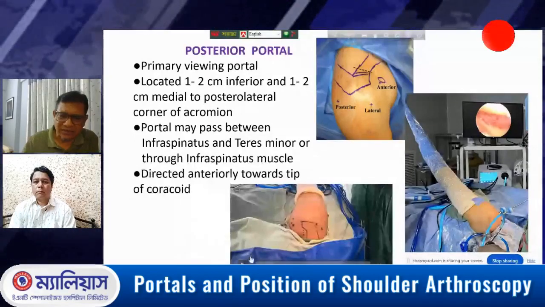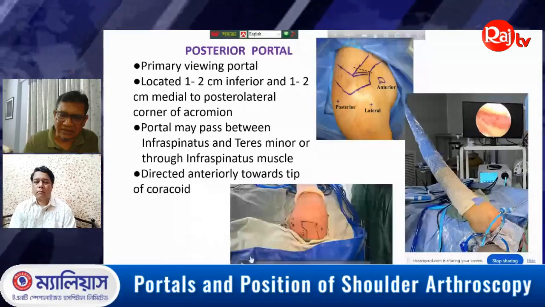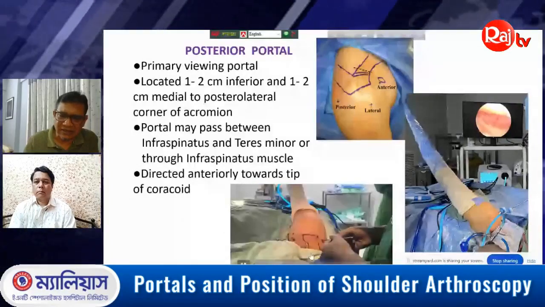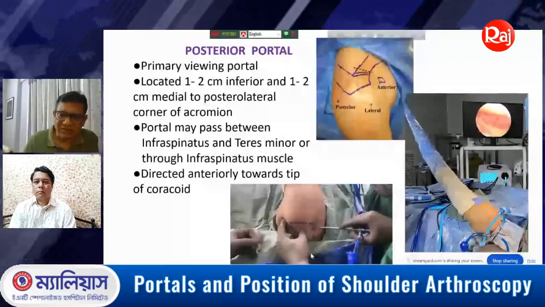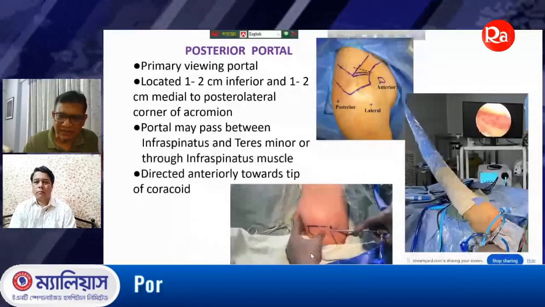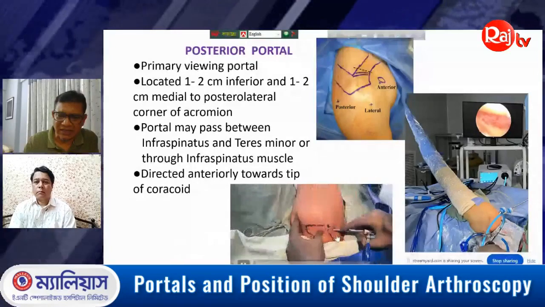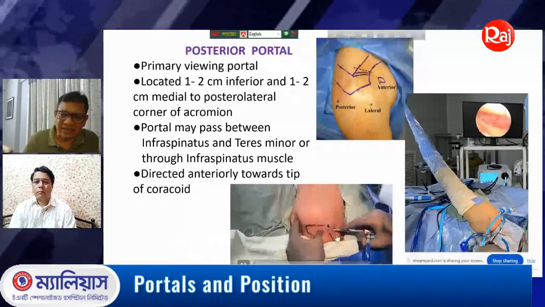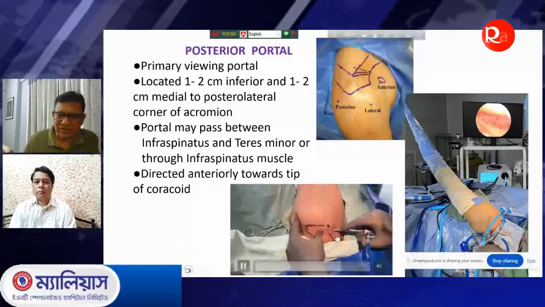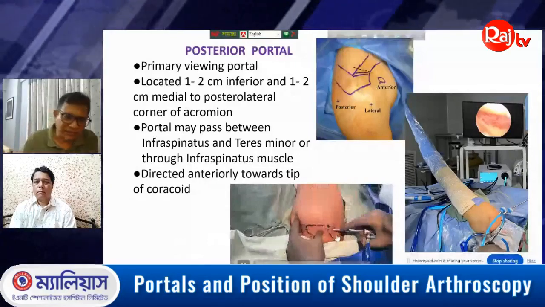In this video you can see this is posterior and this is anterior, and this is a skin incision created 1 to 2 centimeters inferior and medial to the posterolateral corner of the acromion, and it is directed toward the tip of the coracoid. After palpating the head and glenoid, it enters the trocar cannula into the joint space through the posterior portal or viewing portal.